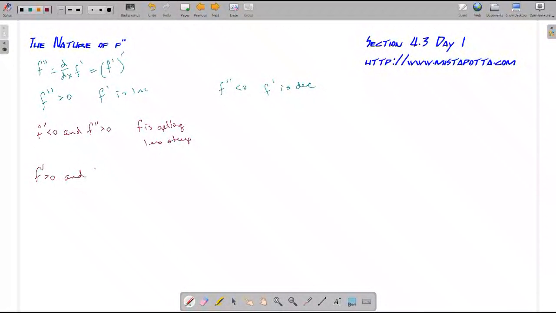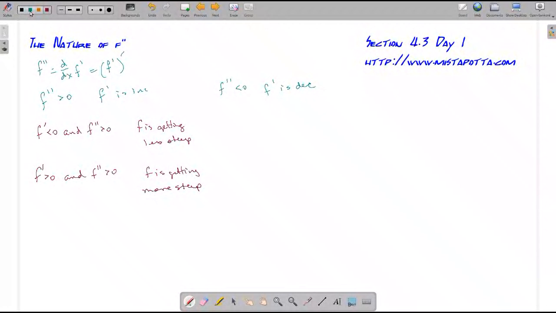But if my derivative was already positive and my second derivative was positive, that means my already positive slope lines are getting even larger, which means that f is getting more steep. In other words, I'm getting more towards a vertical curve than a horizontal curve.